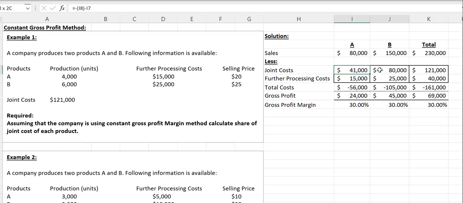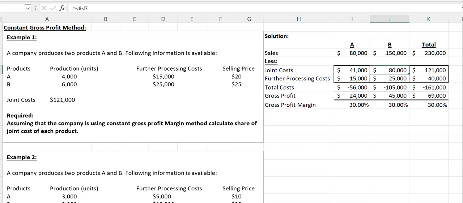So here we go. We have distributed the $121,000 of joint costs into these two products in such a way that our gross profit margins for the two products are the same. So the answer to this question will be 41,000 for product A and 80,000 for product B.